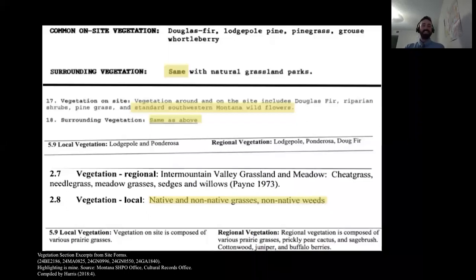Notice how they describe standard southwestern Montana wildflowers, or native and non-native grasses, non-native weeds. Boy, they're just covering all their bases, aren't they? So you can see why we can't use this very much for research. It's all over the place.